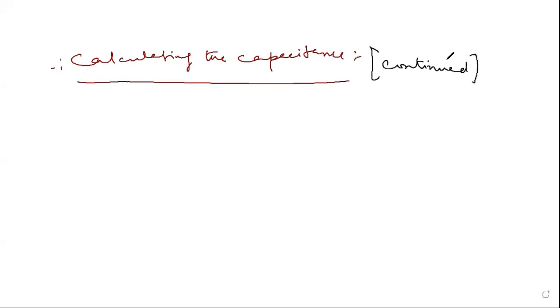So last time we showed that the capacitance of a parallel plate capacitor is epsilon naught A by D.